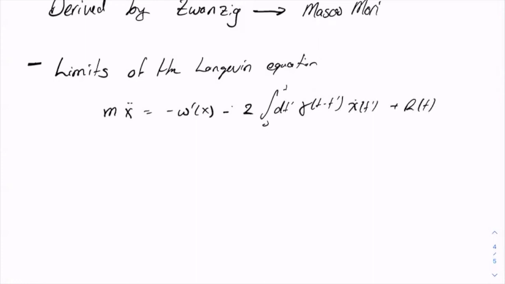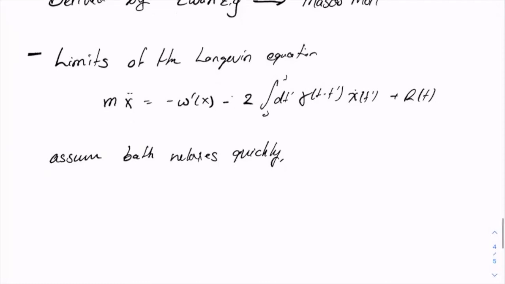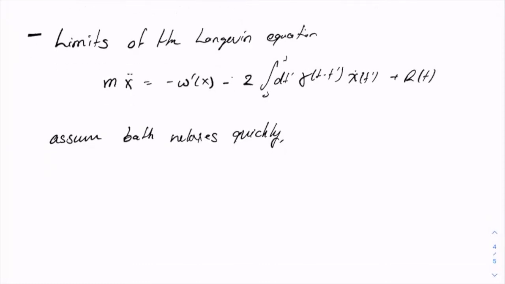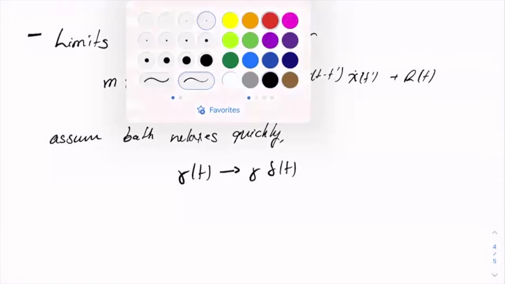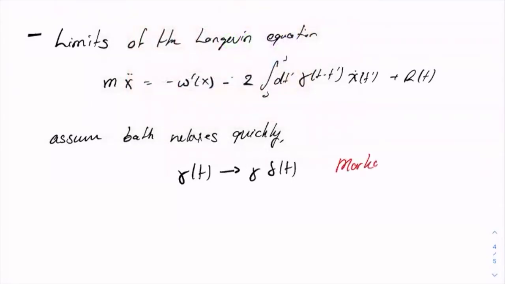One limit we can take would be to assume that the bath relaxes very quickly, in which case its correlation functions decay very quickly. If they relax infinitely quickly, that friction would go to just a delta function. This is a so-called Markovian approximation.